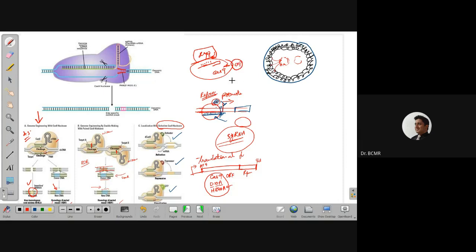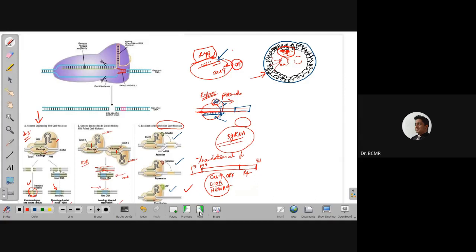What would happen if I add this to the cell? By virtue of the sgRNA, it will go and find the location where the gene is. And by virtue of GFP, it will give fluorescence. So I know the location of the gene I'm looking for within the nucleus is somewhere here. So it is also a good tool for visualization.